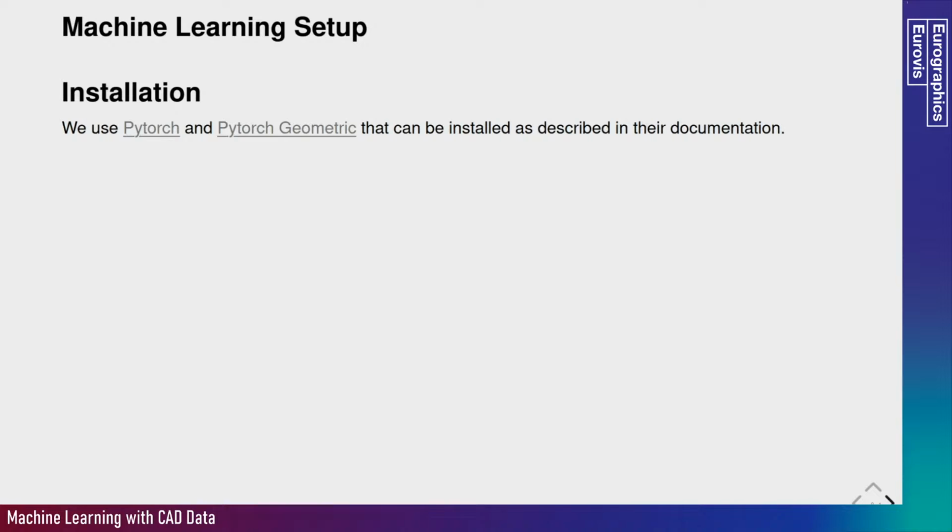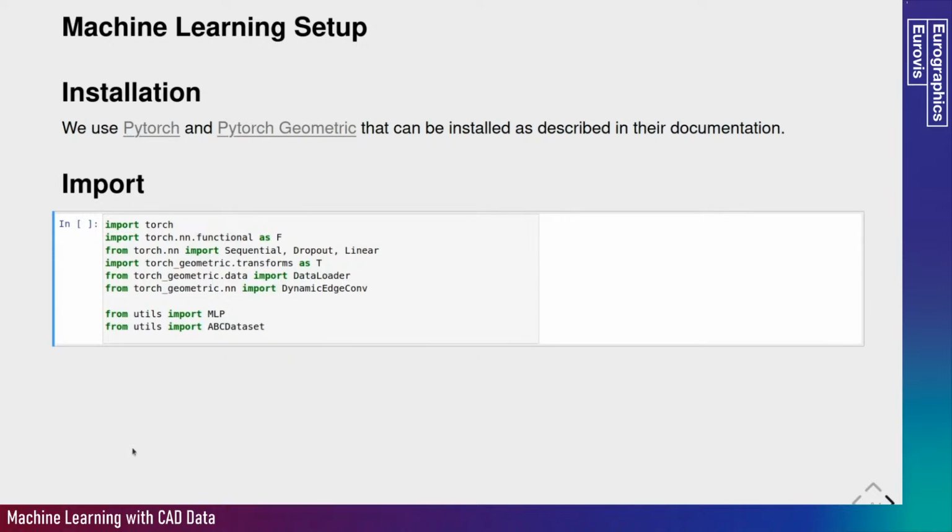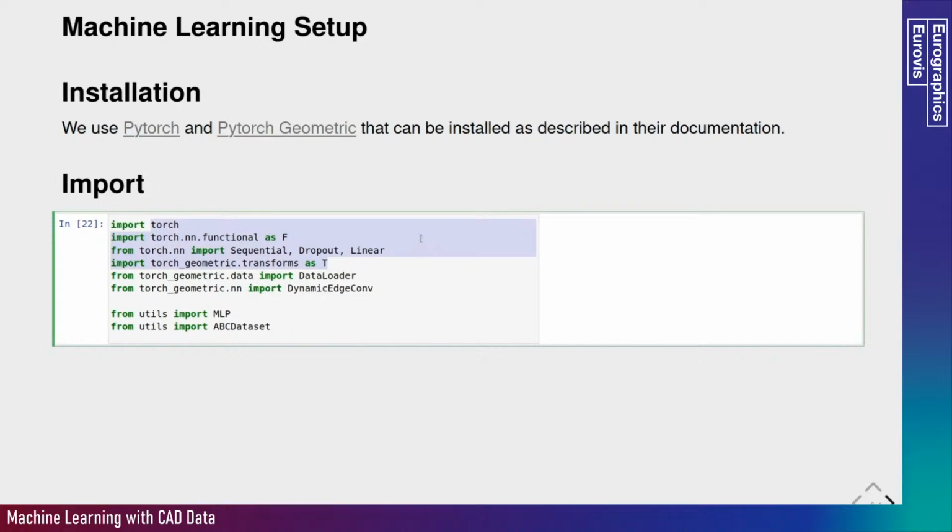You can install them according to their documentation. Once we've installed these libraries, we can import them just by importing some torch libraries. So we need some functional parts, and we need a few layers that we can use later for defining our network.